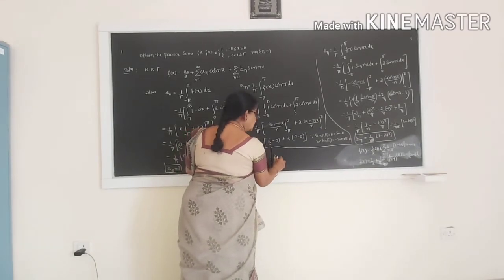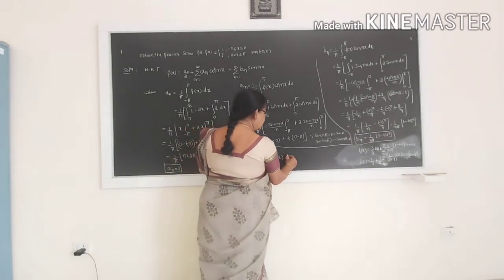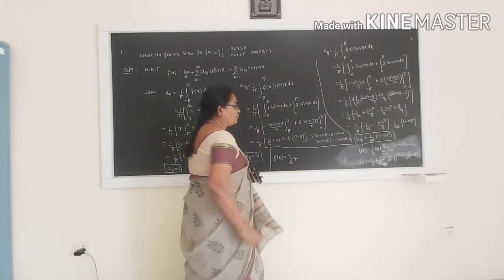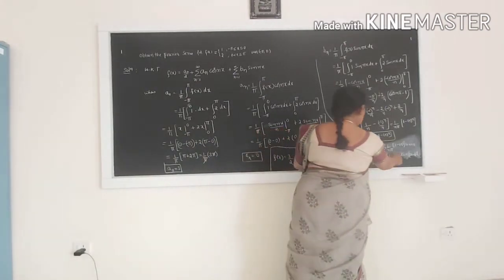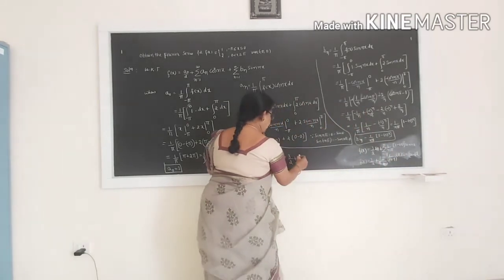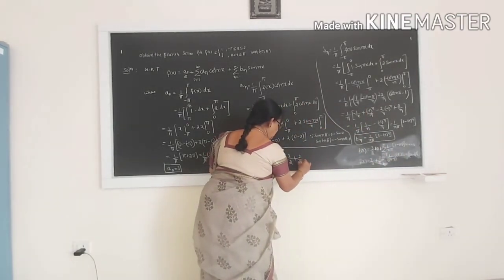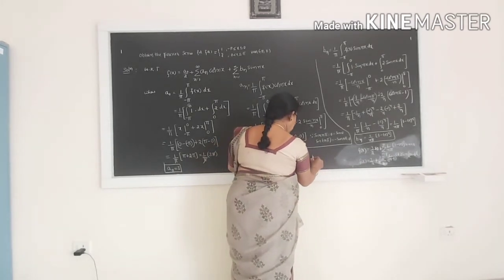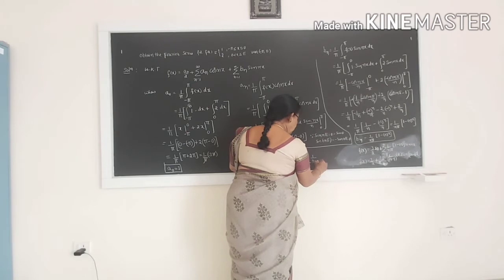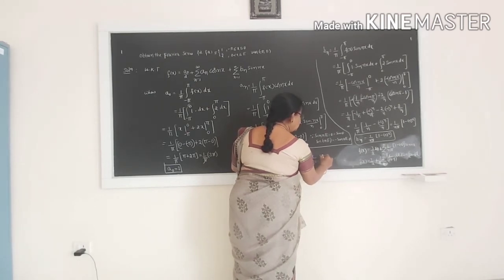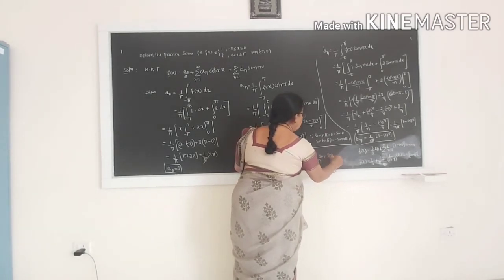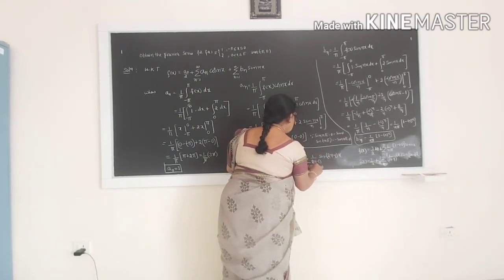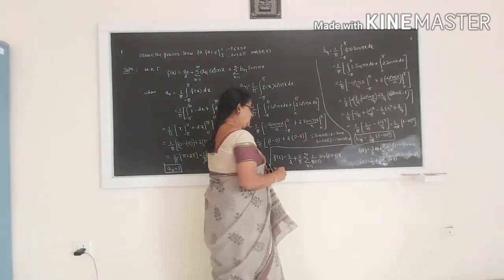Therefore, I can conclude that f of x is equal to 3 by 2 plus, here you observe this 2 is constant, therefore I can write that 2 outside the summation sign, and it is 1 over (2n minus 1) into sine of (2n minus 1)x, where the value of n ranges from 1 to infinity.